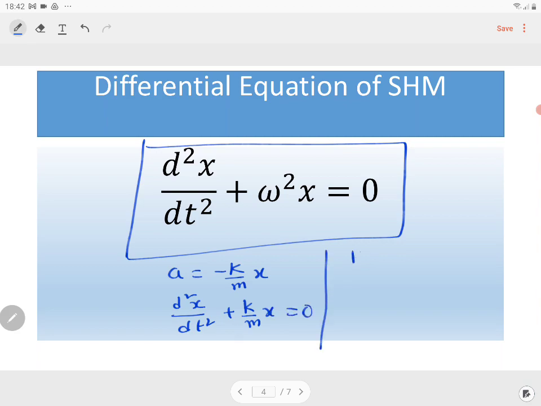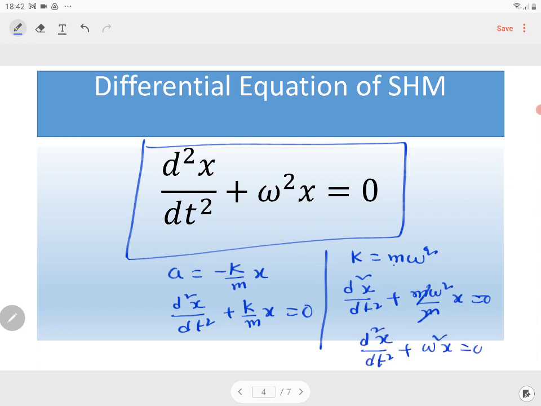Remember children, k equal to m omega square, where m is the mass of the particle and omega is angular frequency. We are going to see this formula later. Now d square x by dt square plus m omega square divided by m into x equal to 0, m will be cancelled, and d square x by dt square plus omega square x equal to 0. This is how we got this formula.